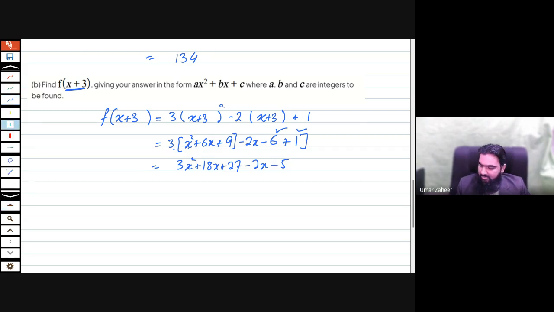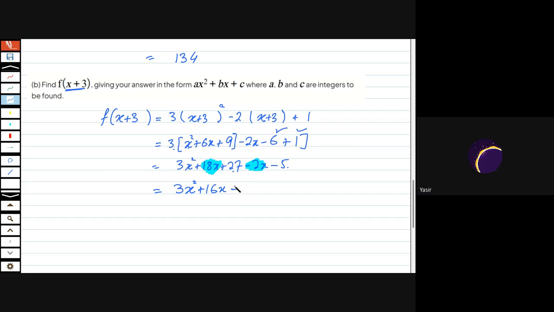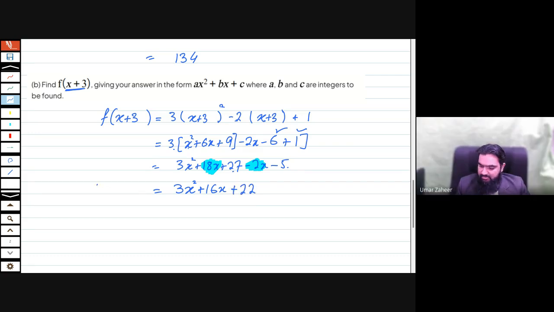Now, here we have the same terms, 18x and minus 2x. So we'll get 3x squared plus 16x, 27 minus 5, that will be 22. So the answer of f of x plus 3 is 3x squared plus 16x plus 22.